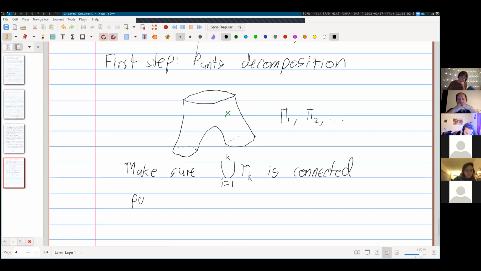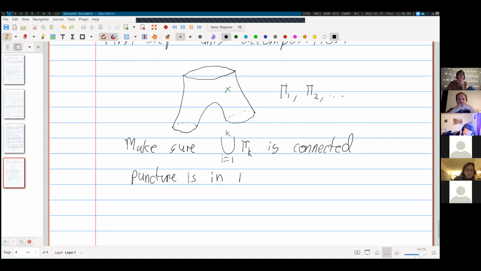And the puncture is in pi 1. Okay, and let's give this a name. Let's call this sigma k.